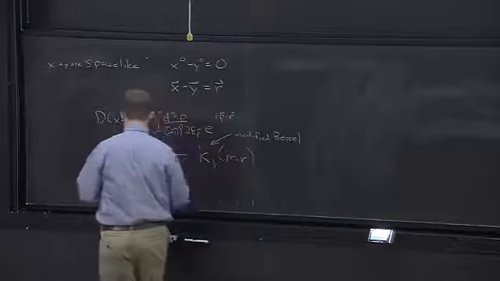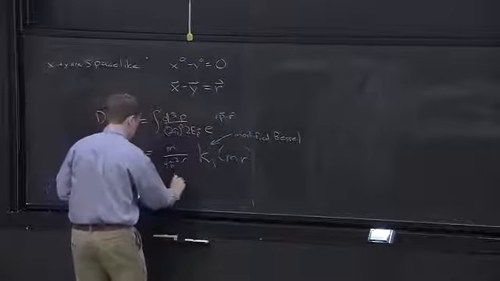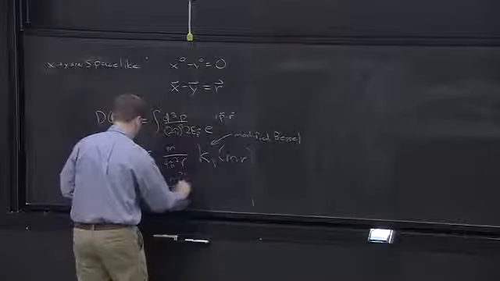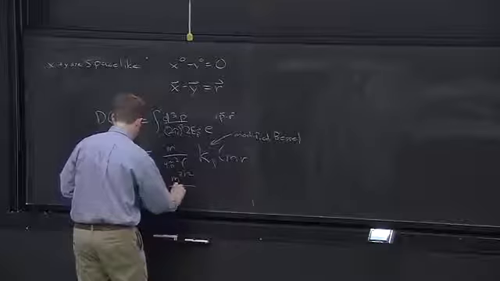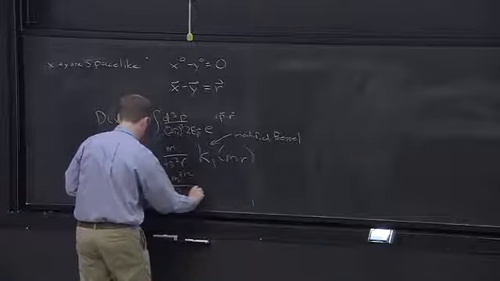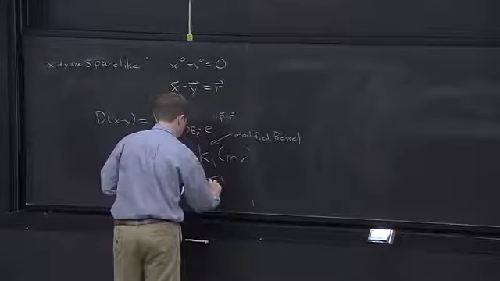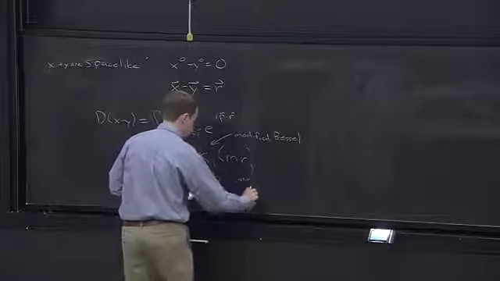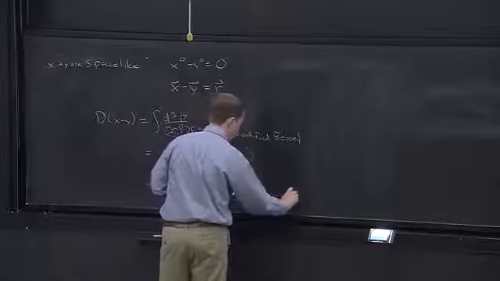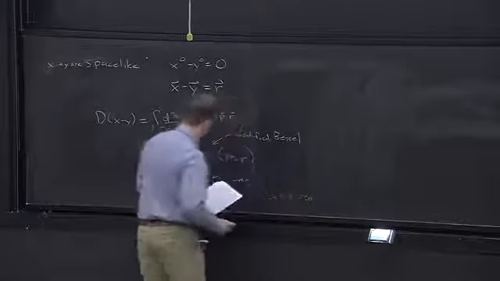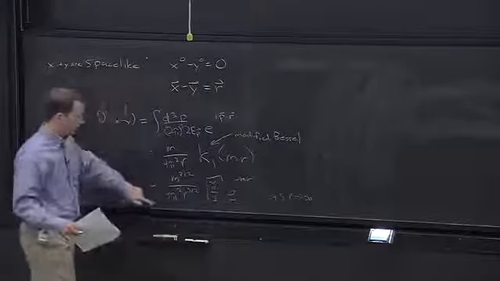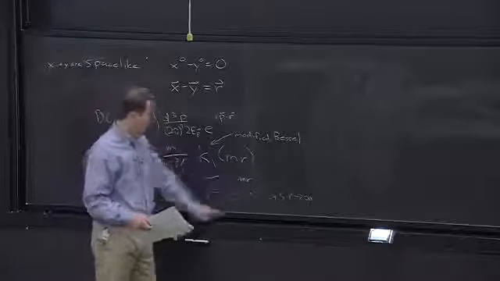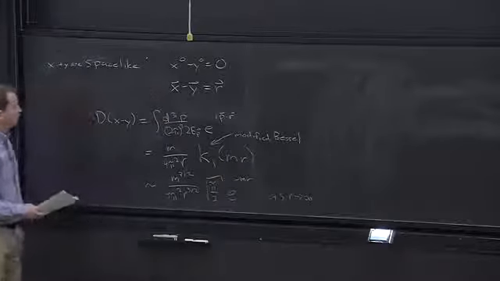And this has the asymptotic behavior as r goes to infinity that it goes like m to the 3/2 over 4 pi squared r to the 3/2 times the square root of pi over 2, times e to the minus m r. So it does decrease exponentially fast, but it's non-zero.